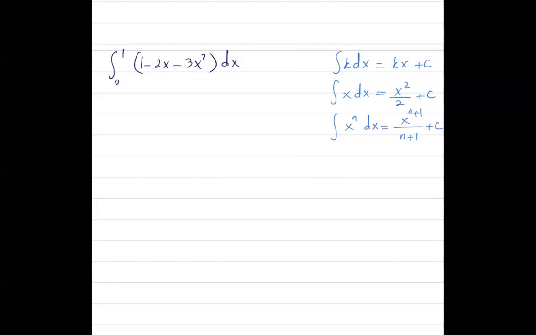So we're going to follow the process of using the integral, and then the fundamental theorem of calculus tells us if we have the integral of f of x dx, and x is ranging between a to b, and if you have the antiderivative as capital F, you end up with F of b minus F of a.